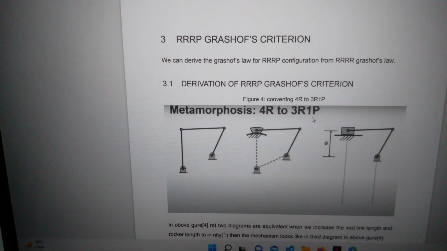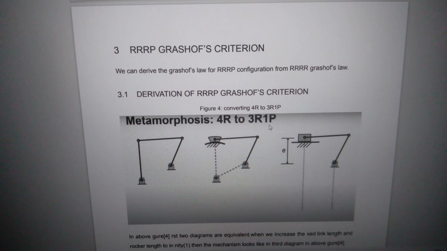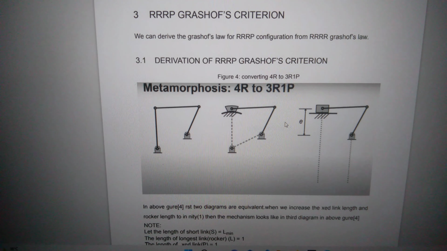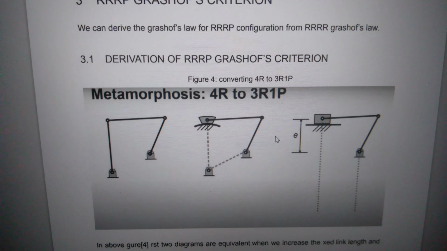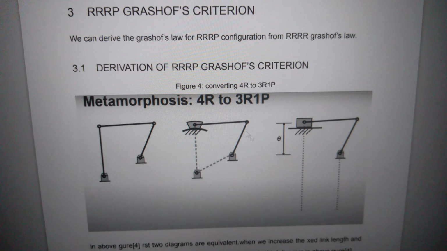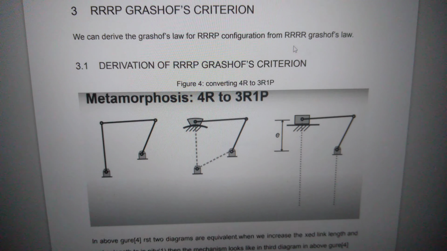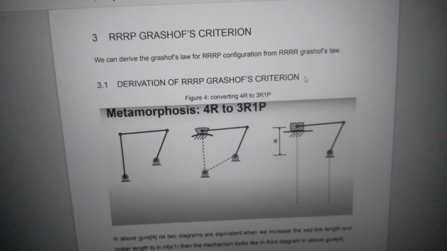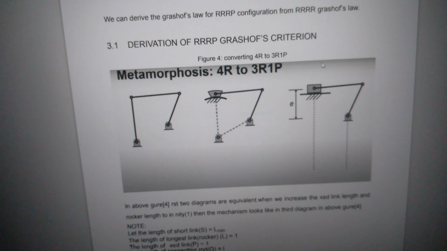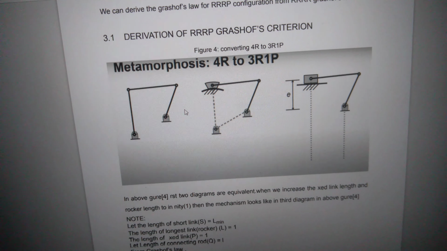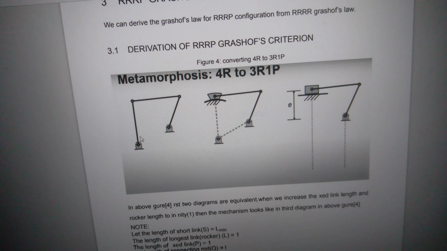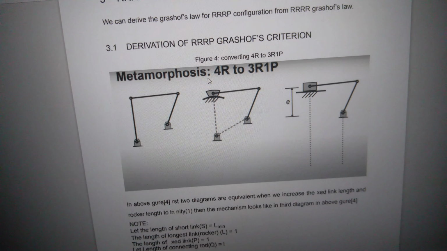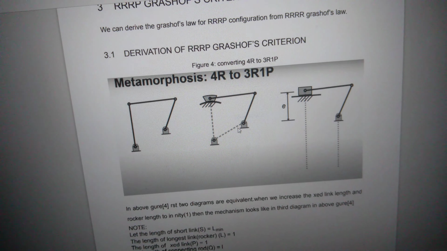Now let's go to the RRRP Grashof criterion, sir. We can derive the Grashof law for the RRRP configuration from the above discussed RRR Grashof law, sir. As you can see, what we are doing is changing the 4 R's to 3 R and 1 P, sir.